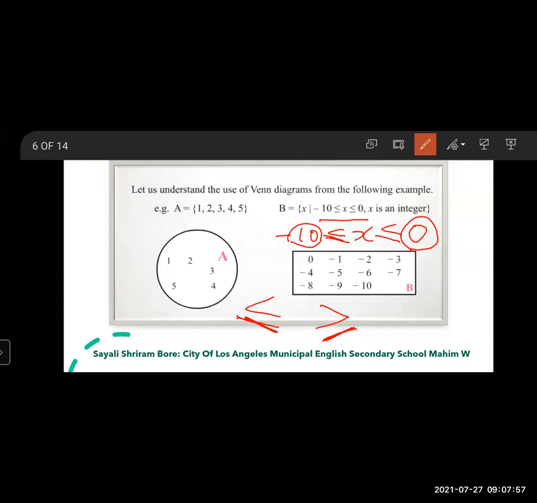Try to understand that this variable x lies between minus 10 and 0. Now, if minus 10 is included because of the equal to sign, suppose they give you minus 10 less than x less than 0.